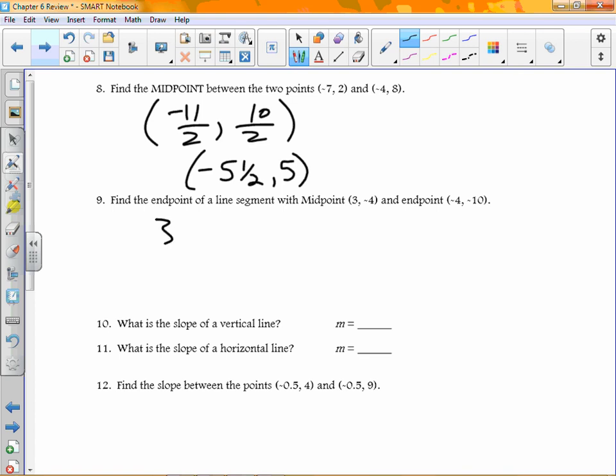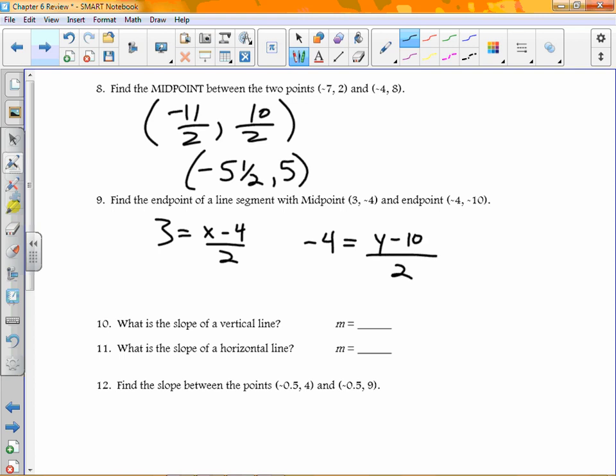So 3 equals some number plus negative 4, divided by 2. Multiply by 2: 6 equals x minus 4.